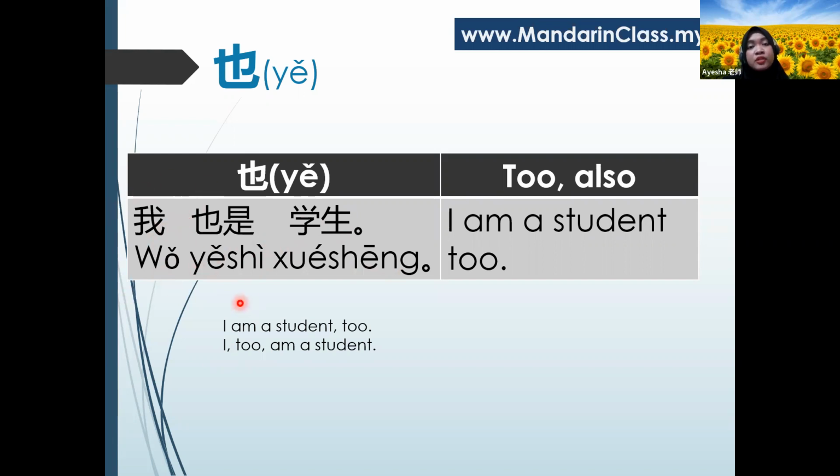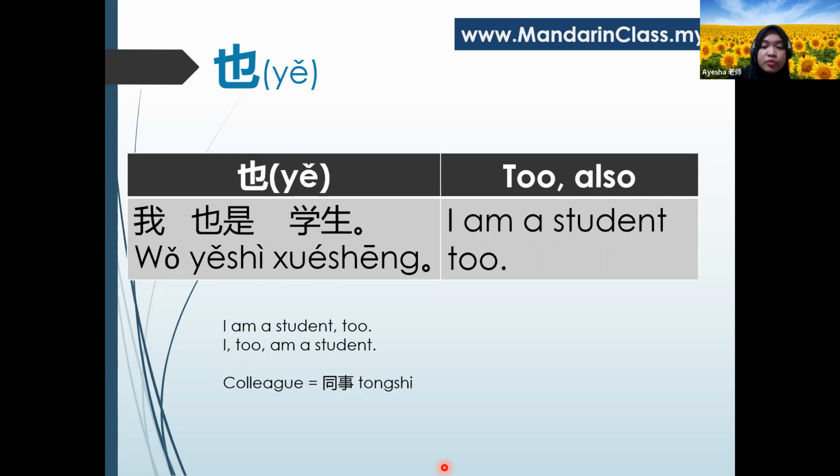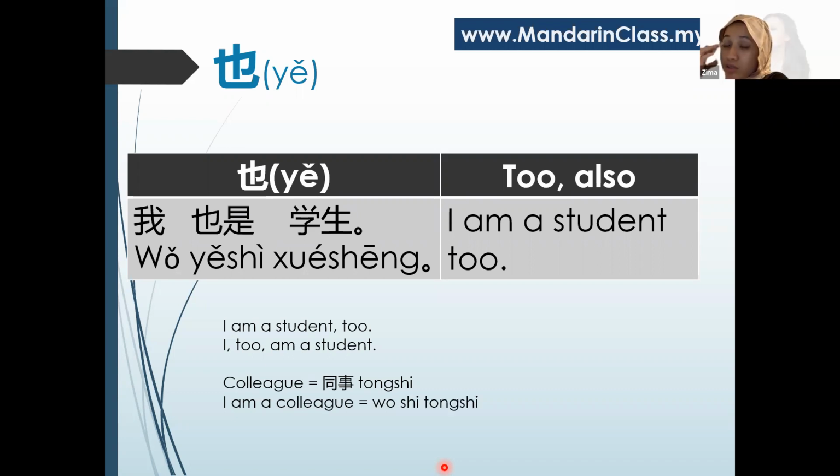Let's try this with another sentence. What is the word for colleague? 同事, very good. Let's say I am a colleague. How do I say that in Mandarin? 我是同事. Now your friend says that, and you say, hey, I'm a colleague too.